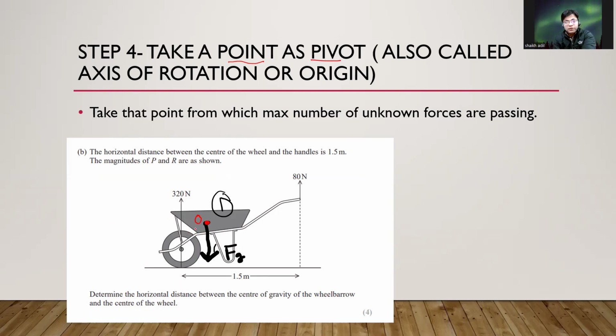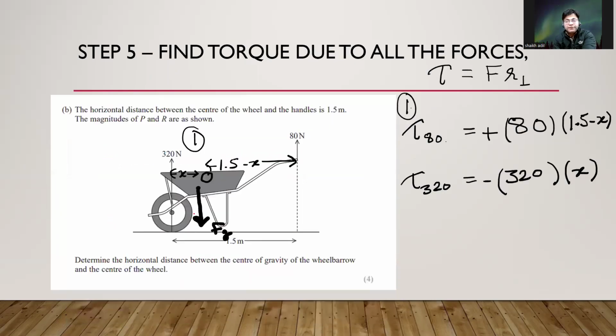Now the next step: we are going to find the torque due to all the forces about that pivot. Here we find the torque due to the 80 Newton force, the 320 Newton force, and the force of gravity. The torque due to the 80 Newton force is going to be 80 into (1.5 minus x).